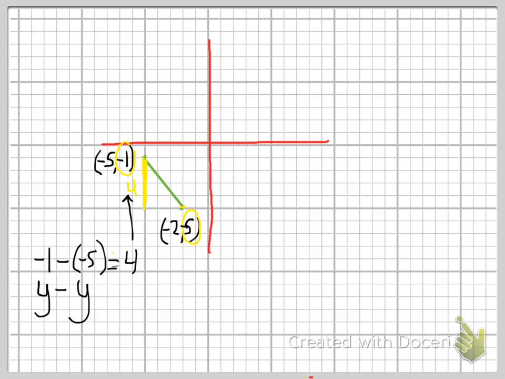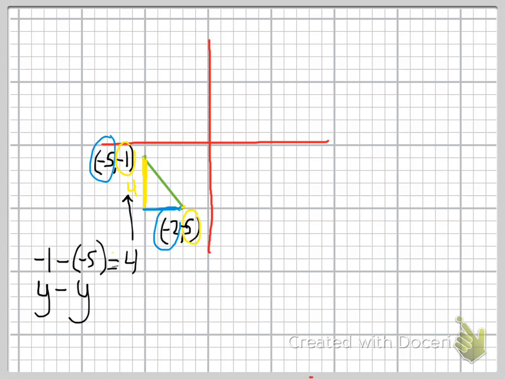Now if I want to talk about the leg that's horizontal, I want to talk about this leg, horizontal is across the x-axis.